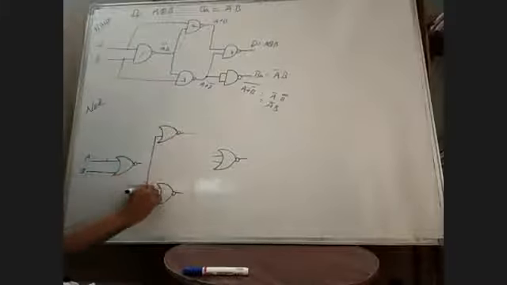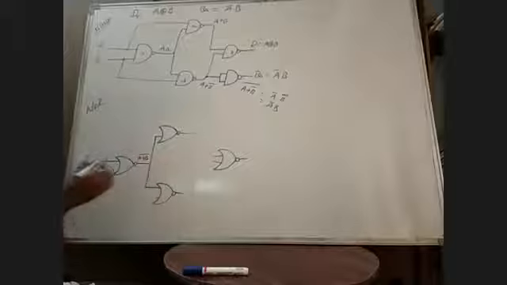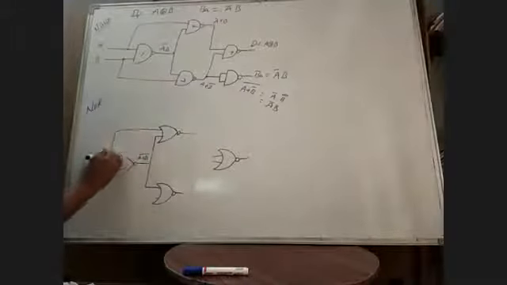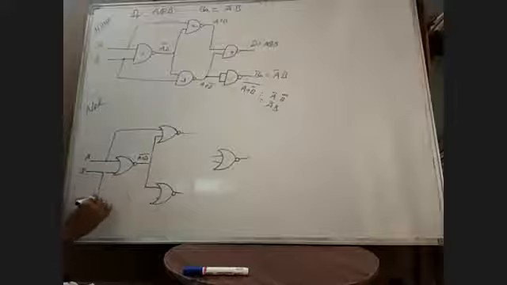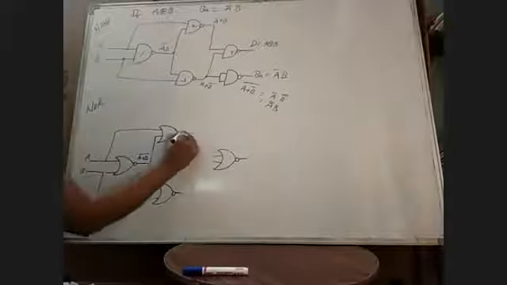These two inputs are connected like this. This is A plus B whole bar. Just as NAND gate, NAND gate ఎలా వస్తుందో అలానే వస్తుంది ఇప్పుడు NOR gate.